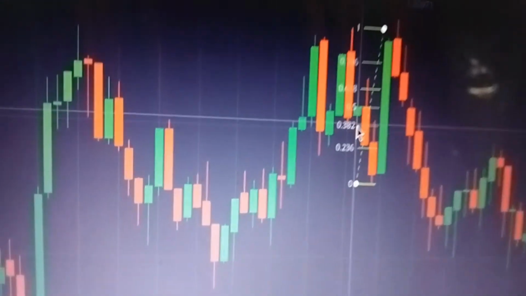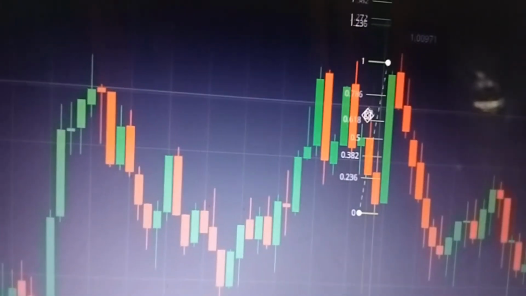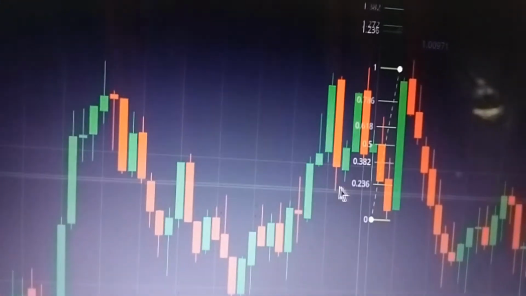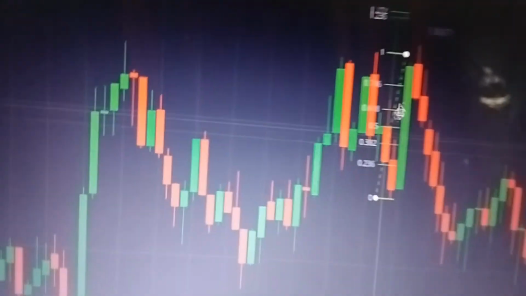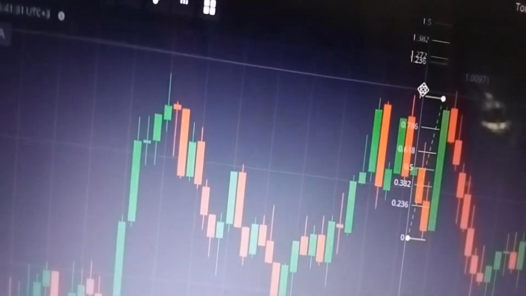I mean, we don't have a swing low. We really don't have a swing low. We have a swing high, but price came down and took out the swing low. So this now is the one I am interested in, not really that one.